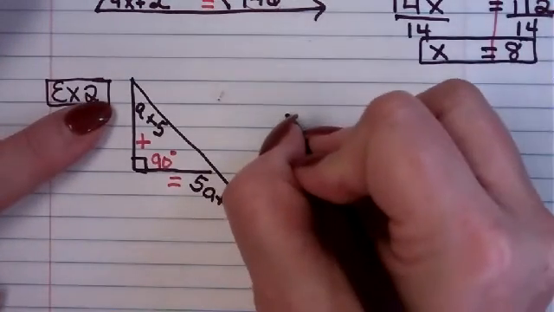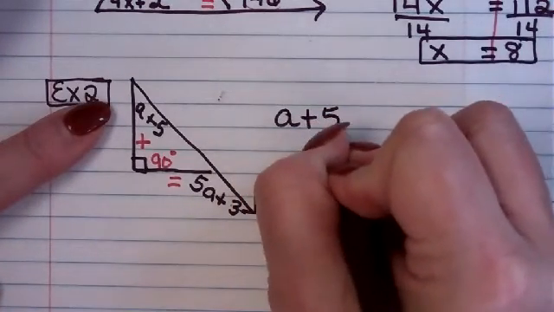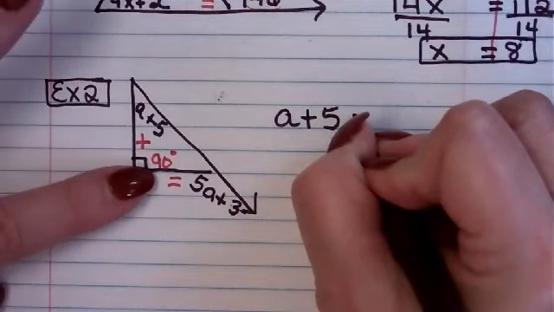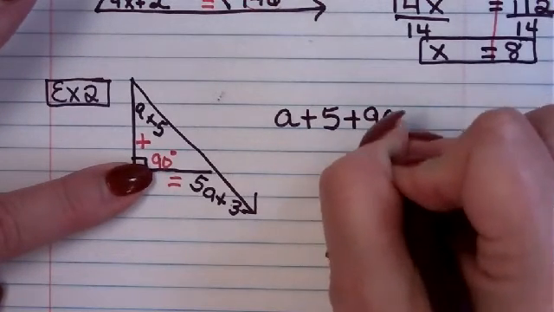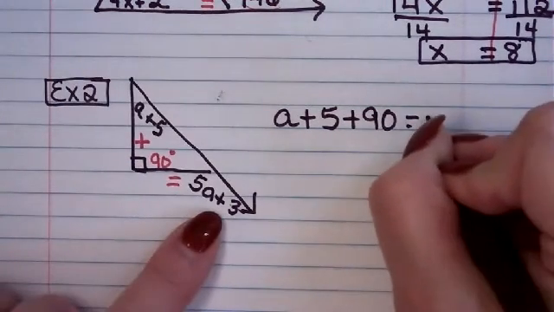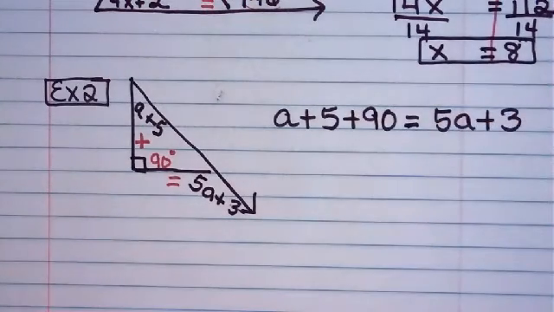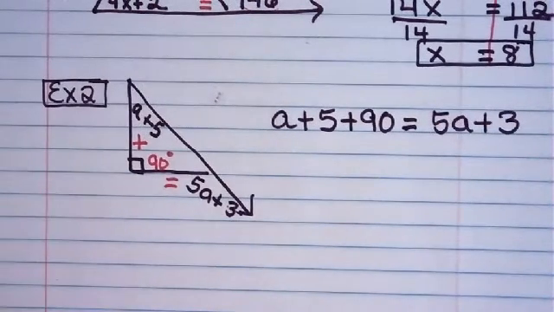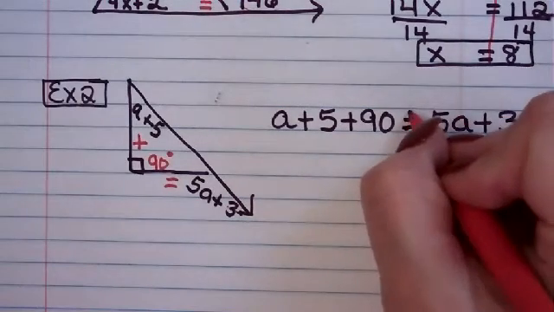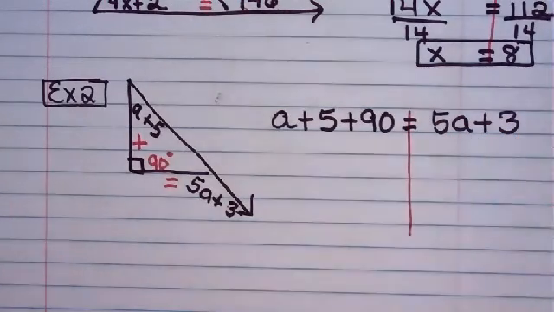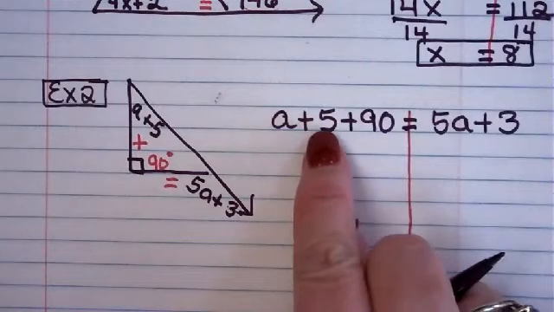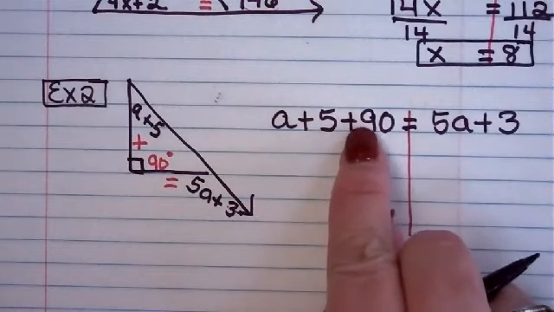So I'm going to take a plus 5 plus this 90, and that's going to equal the 5a plus 3. Okay, now I need to solve this for a, so we're going to stick our river right in here. Now, we're going to combine our like terms on the same side of the river first. So that means over here, I've got to put together the 5 plus the 90.